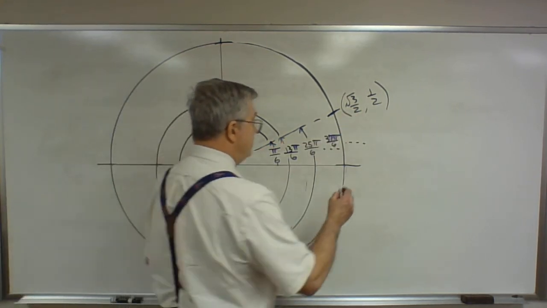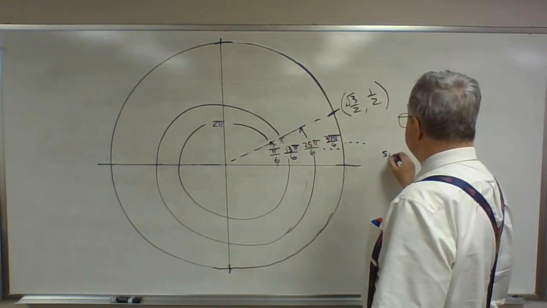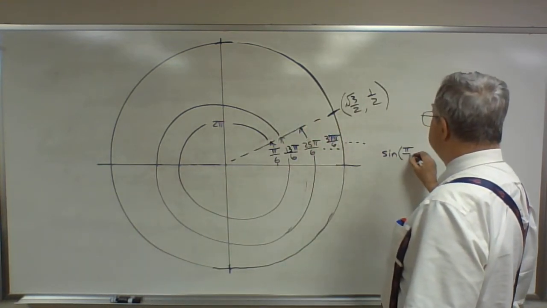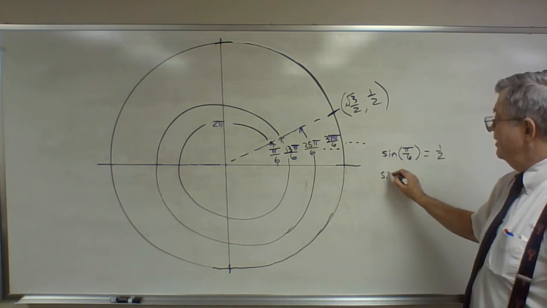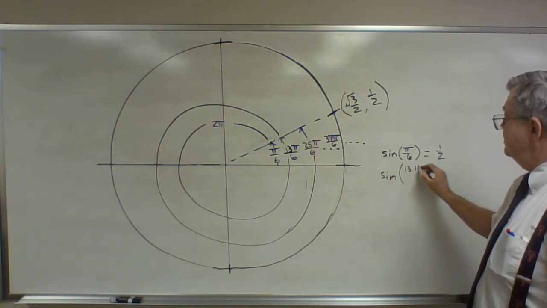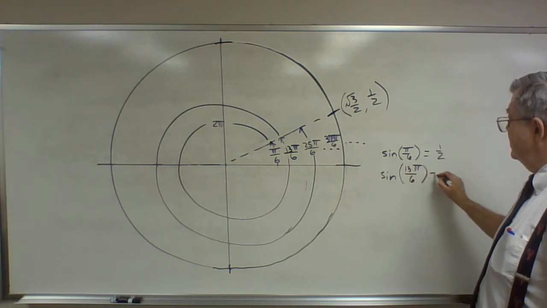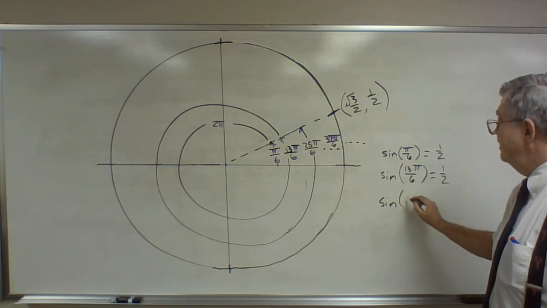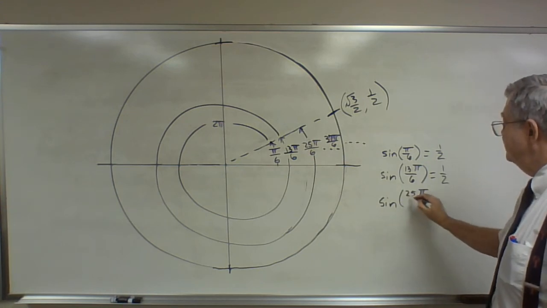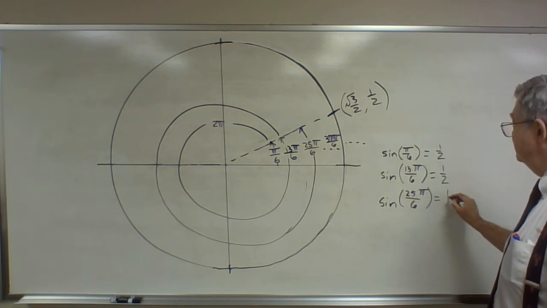And therefore, sine of pi over 6 is equal to 1/2. The sine of 13 pi over 6 equals 1/2. The sine of 25 pi over 6 equals 1/2.